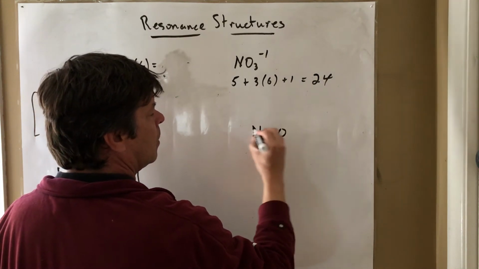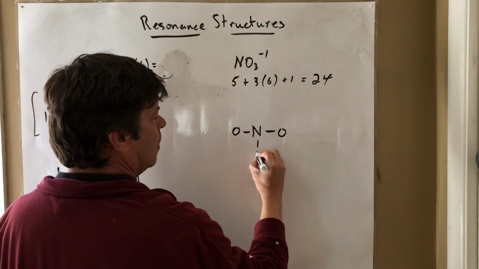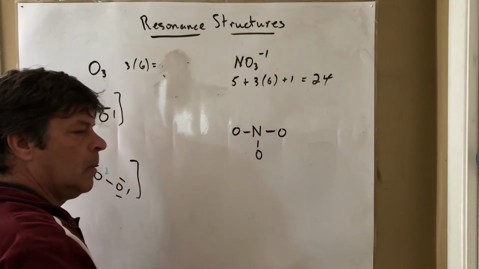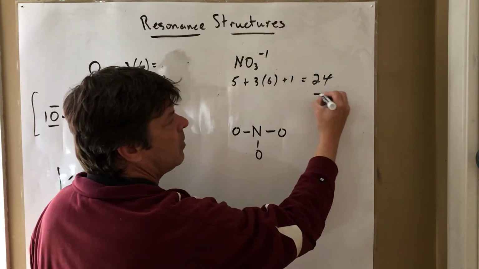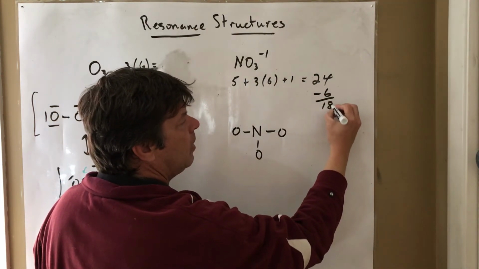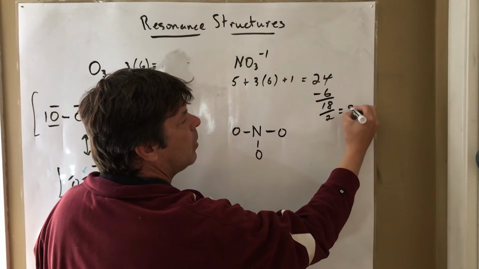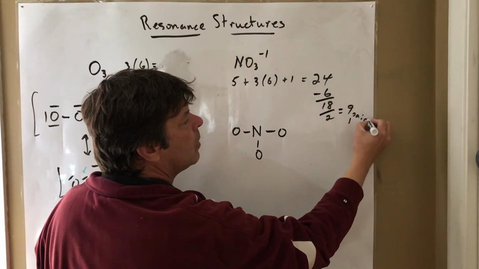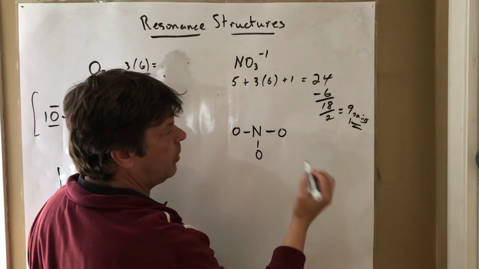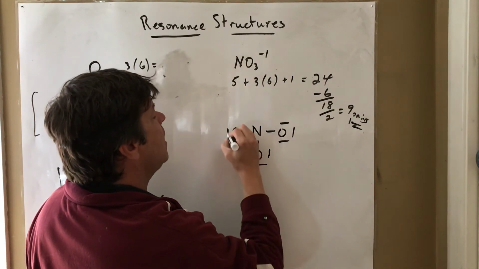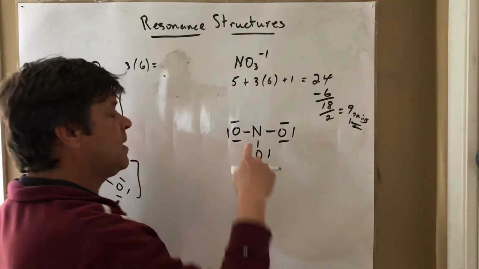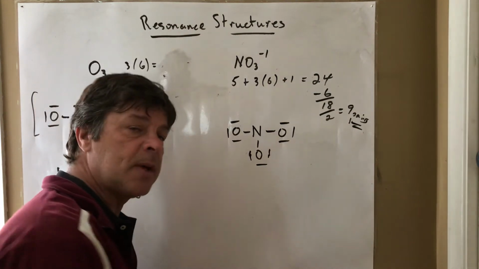How many electrons did we just use up? 6, yep. All right, down to 18. Divide by 2, 9 pairs. Let's just distribute them. 1, 2, 3, 4, 5, 6, 7, 8, 9. Okay, that's it. Is that cool?